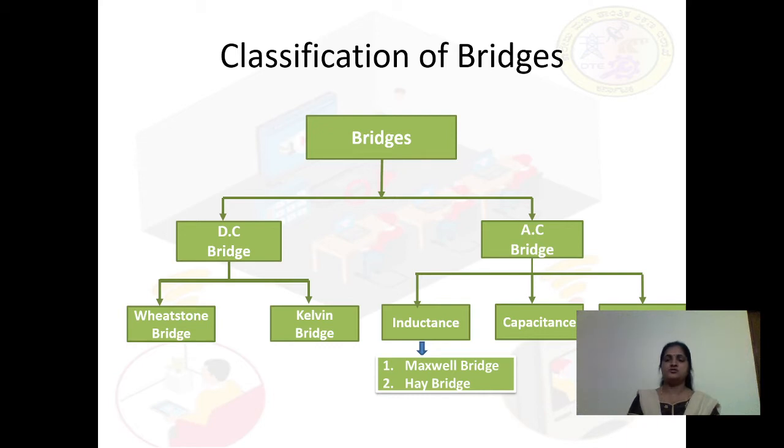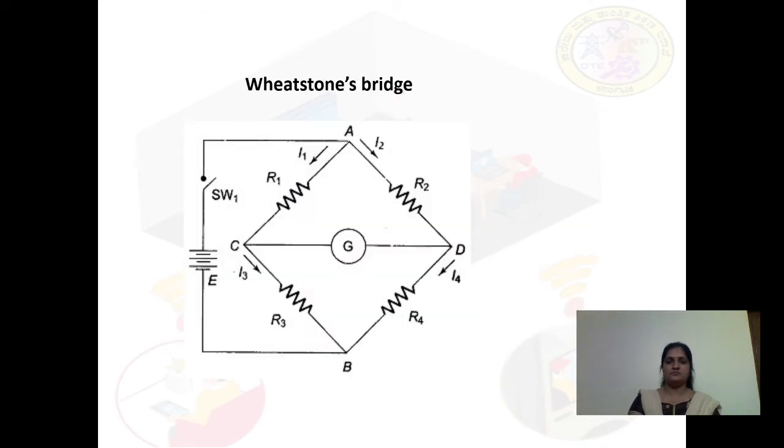So the Wien bridge measures an unknown frequency, and we have the option of measuring inductance using Maxwell's bridge and the Hay bridge. These are the brief classifications of bridges, broadly 2, AC and DC. Let us start with the DC bridge.